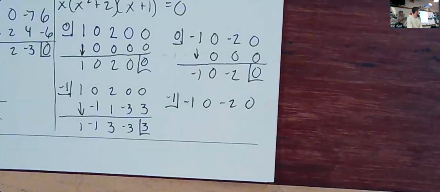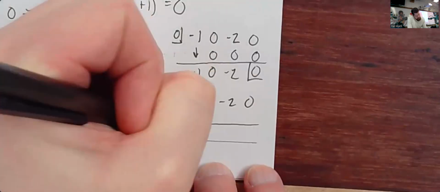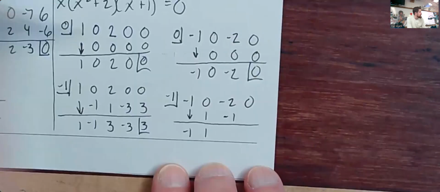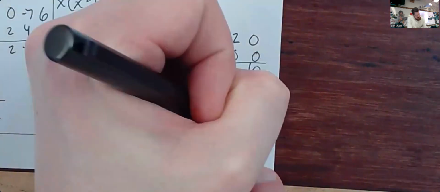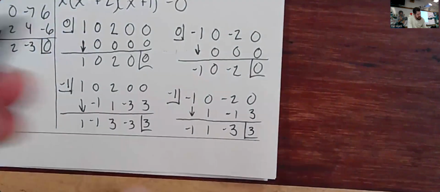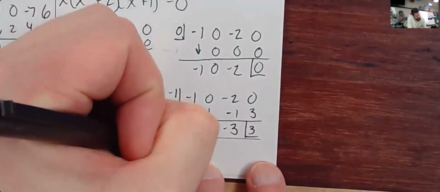Is it 3 for both? Anybody get it? Yeah, nice. Let's bring it down. -1 times -1 is 1. 0 plus 1 is 1. 1 times -1 is -1. -2 plus -1 is -3. -3 times -1 is 3. 0 plus 3 is 3. So our 2 points of intersection are the origin 0, 0 and the point -1, 3.